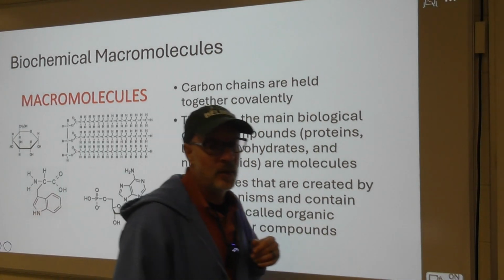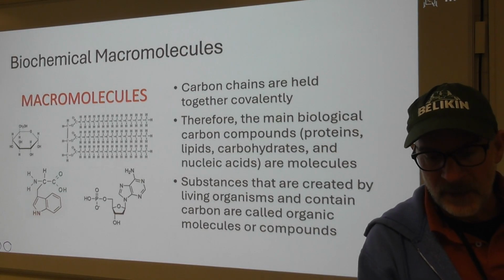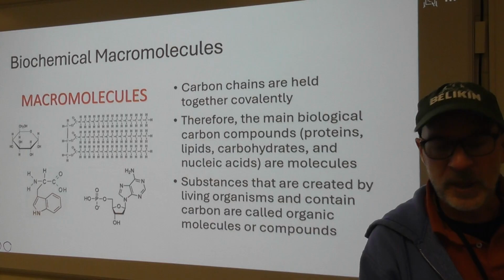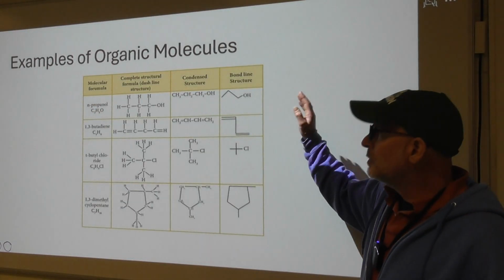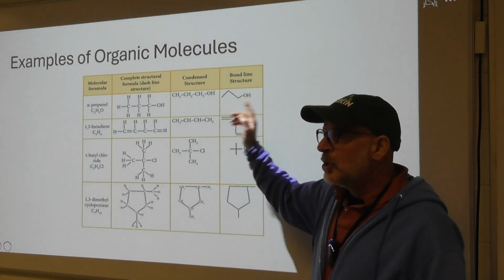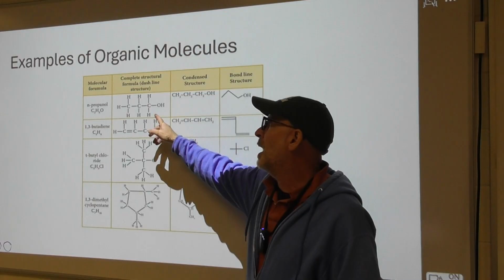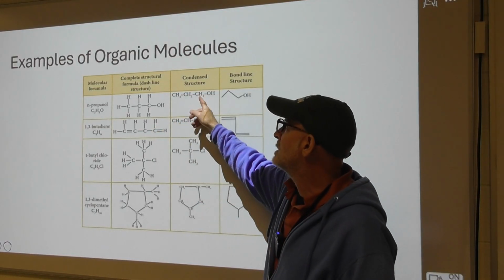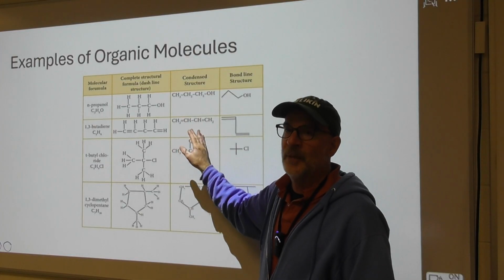So organic compounds are what we're mostly going to be focusing on. And then I'm going to just show you really briefly some examples of organic molecules. You do not need to know these. You don't need to know the names. You should be familiar with the structural formulas, the dash line, the condensed dash line, and then just like leaving the carbons out. But we'll talk more about this later.